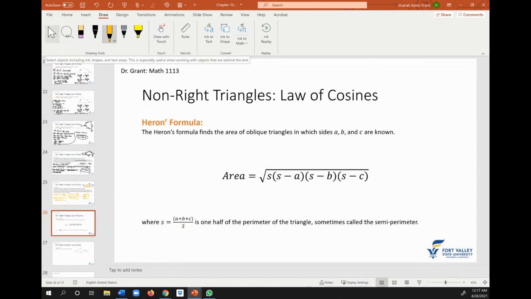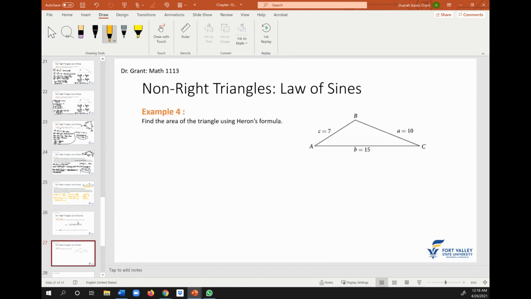And so basically what Heron's formula tells us is that to find the area of an oblique triangle, area equals the square root of S. Now in this case, S is the sum of your sides divided by 2, which is half of your perimeter, sometimes called your semi-perimeter. So S times S minus A, S minus B, times S minus C. Of course, we know a regular right triangle is half base times height.